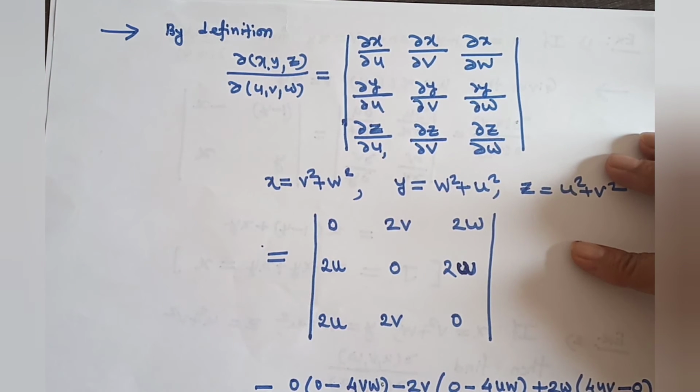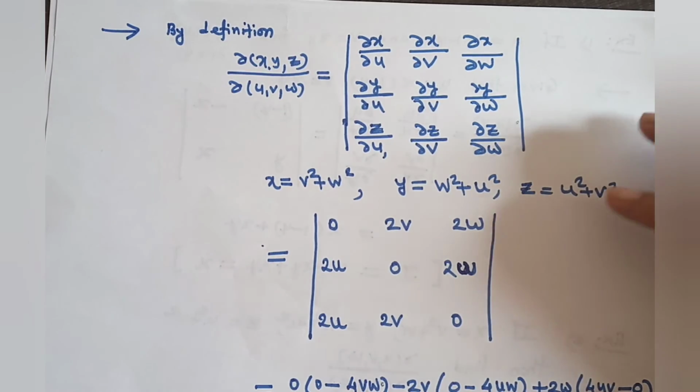What is the value of this? The minus becomes plus, it is 8uvw. And what is the value of this? It is 8uvw, and the answer is 16uvw.